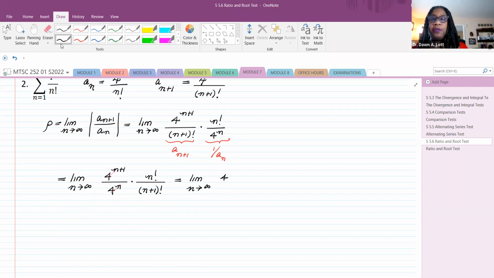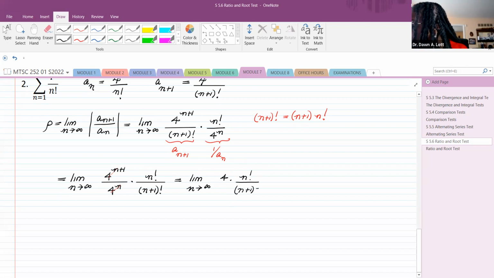And if you remember from the factorials the other day, n plus 1 factorial just basically said you take n factorial and you add on one more term. So when I divide, this is n plus 1 times n factorial, and as you can see, the n factorials are going to divide out.